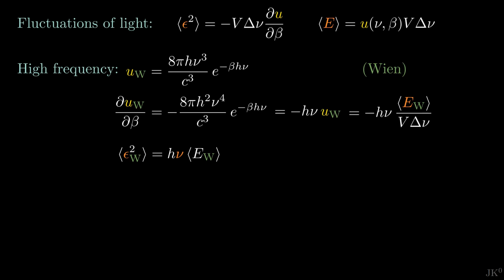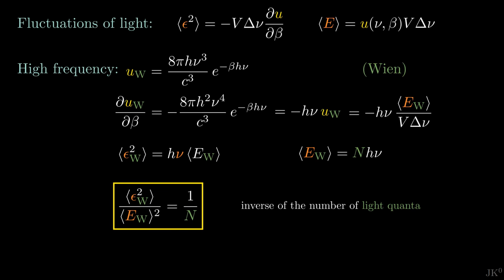Using Wien's formula, Einstein demonstrated in his first 1905 paper that the average energy is given by n times h nu, where n is the number of light quanta and h nu is the energy quantization found by Planck, so that the relative fluctuation reduces to the inverse of the number of light quanta. In modern terms, we call this the number of photons.